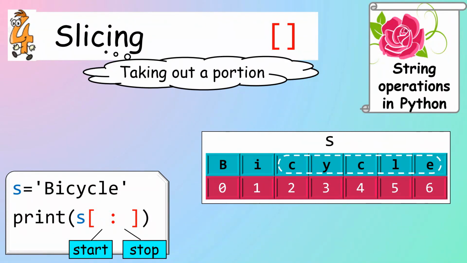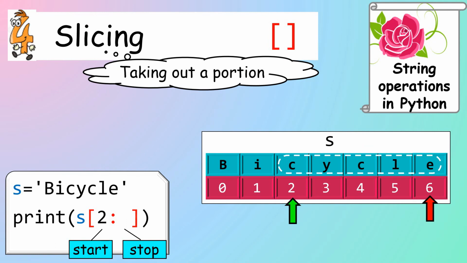That substring starts from the index position 2. So the start index is 2. So here I will fill the slicing operator with the start index as 2. And the stop index where the substring ends is 6.